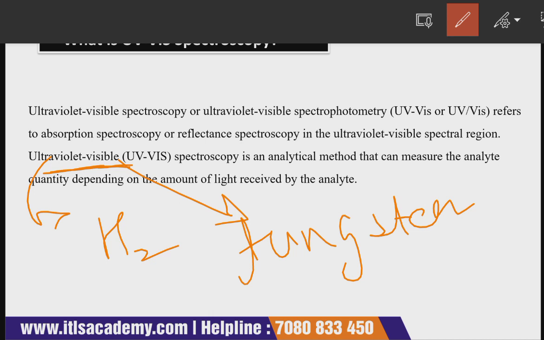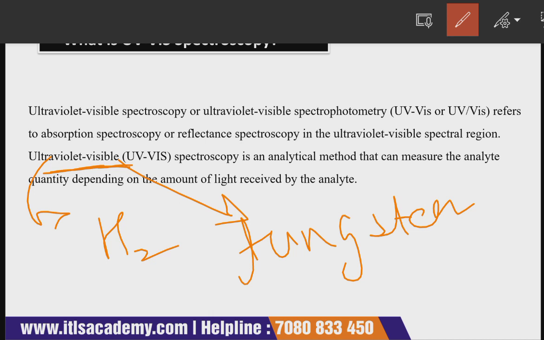In this analytical method, it is simply used to measure the analyte quantity depending upon how much light the analyte is receiving. Very easy. This type of analytical method is equipped with two things: first is ultraviolet and second is visible. Ultraviolet is equipped with hydrogen gas, whereas for visible they have tungsten.